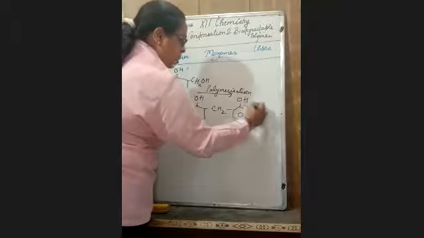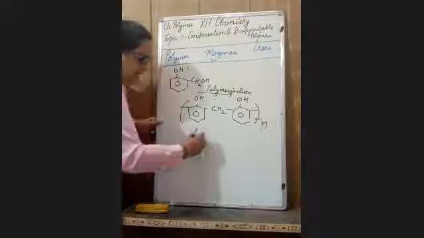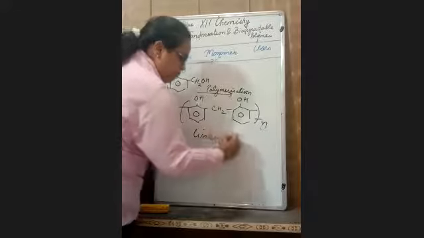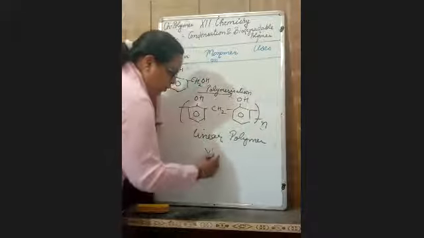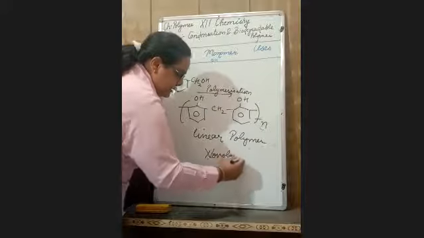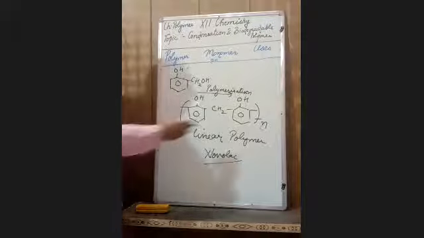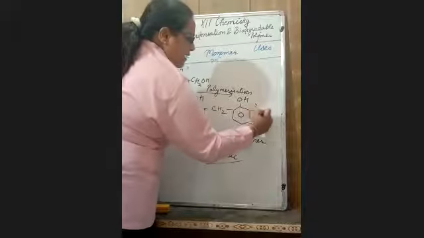This is the linear polymer known as Novolac. It again combines with formaldehyde to form your three-dimensional cross-linked structure known as Bakelite.